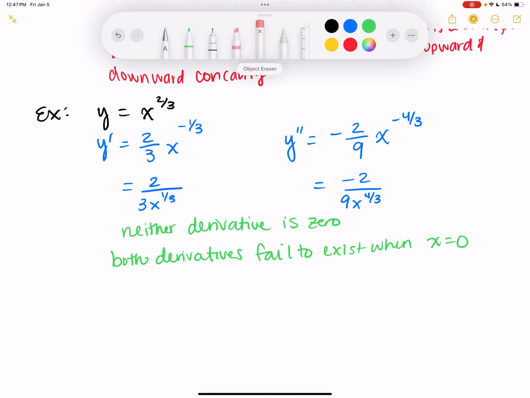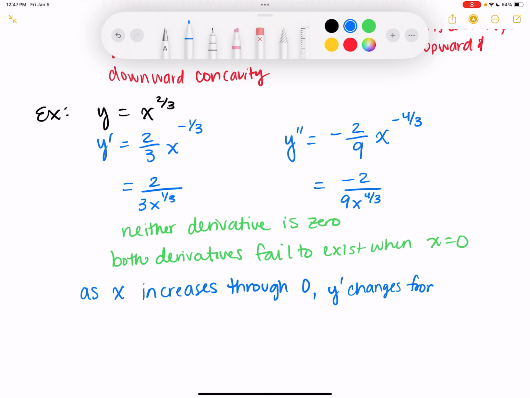It's negative. As x increases through 0, y prime changes from negative, or well, it may or may not change. Then when we plug in, let's say, 1, what happens? So it does change, from negative to positive.